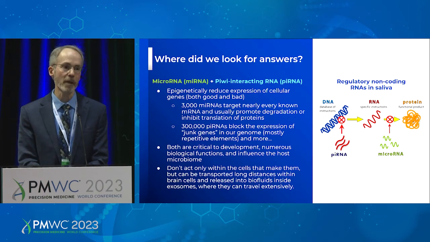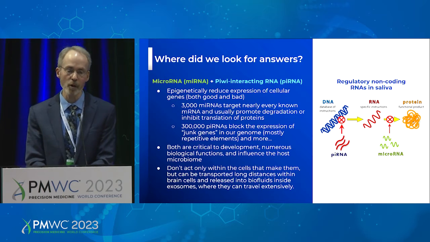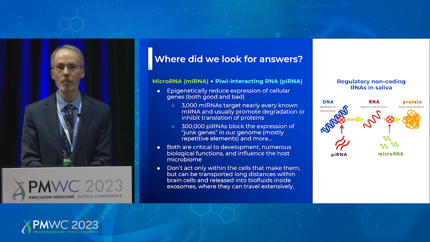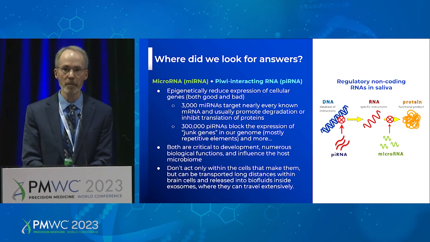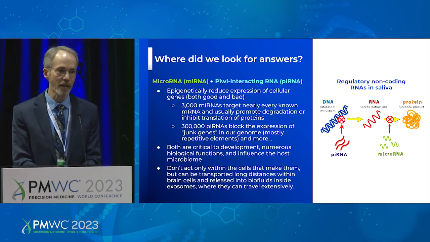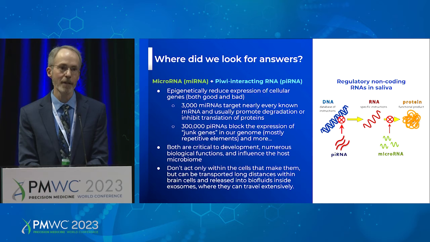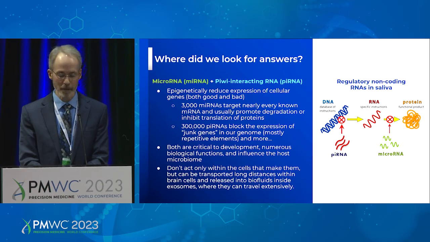MicroRNAs act to suppress mRNA stability or protein translation, and piRNAs will suppress repetitive elements in the genome. When there are changes in the level of these, you have consequently alterations in cellular expression of proteins or repetitive element genes. And this can have very strong effects on the cells and the tissues that they're found in.